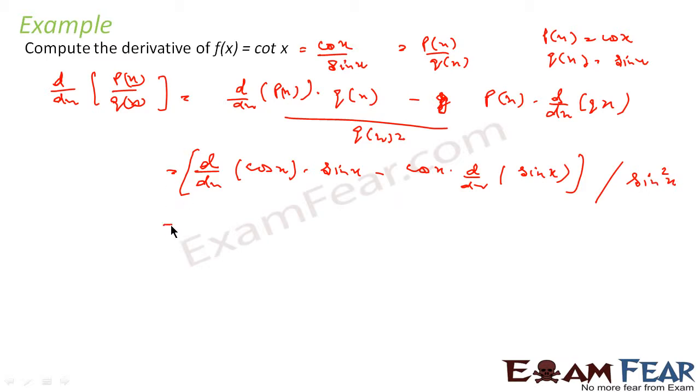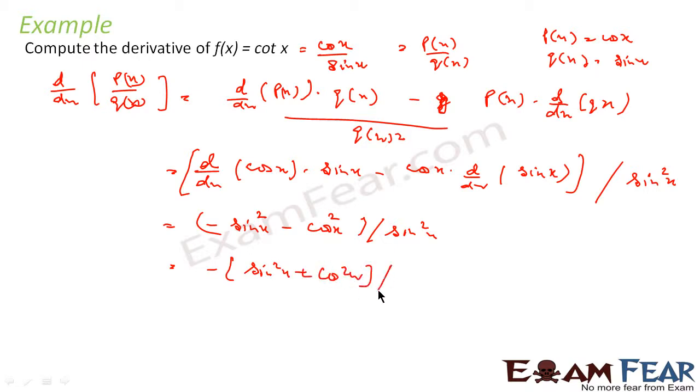So d by dx of cos x is nothing but minus sin x, into sin x is minus sin square x, minus cos x into d by dx of sin x, which is cos x, so minus cos square x, and the whole thing divided by sin square x. So minus we will take common. This becomes minus of sin square x plus cos square x by sin square x.